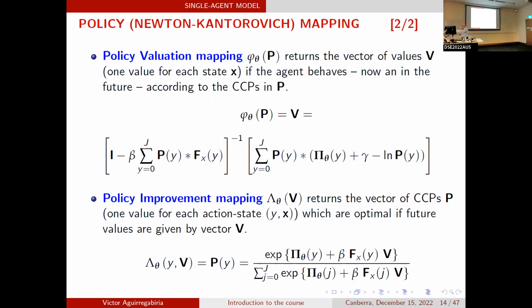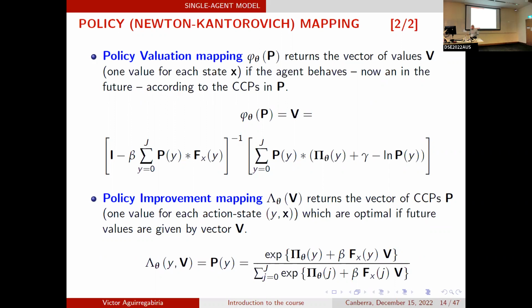And the second, this gamma minus logarithm of P, is the expected value of epsilon conditional on that action being optimal. The expected value of epsilon 1 conditional on epsilon 1 being optimal, and so on, okay? And for the logit model, it has this expression, gamma minus the logarithm of the probability, where gamma is Euler's constant, okay? Then this is the expression of the evaluation operator.